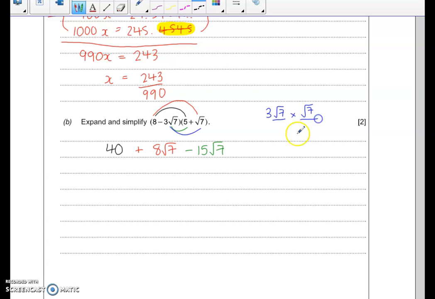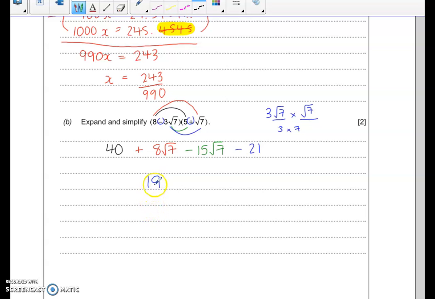Remember that these will just become 7. So that becomes 3 times 7, which is 21. We've got a plus there and a minus there, so minus 21. All we've got to do then is tidy it up. So our rational parts, 40 take away 21, give us 19.